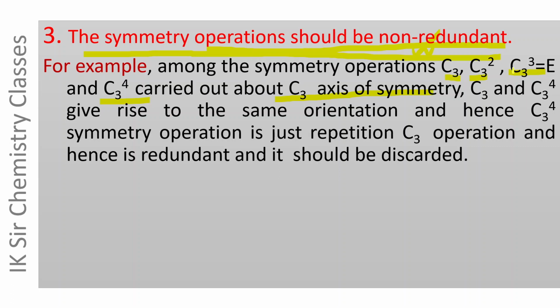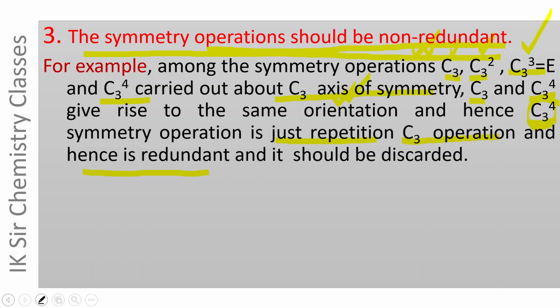Out of these four symmetry operations, C3 and C3⁴ give rise to the same orientation, and hence C3⁴ symmetry operation is just a repetition of C3 operation, and hence it is redundant, more than sufficient, and it should be discarded. It means only three symmetry operations C3, C3² and C3³ can be carried out about the C3 axis of symmetry.